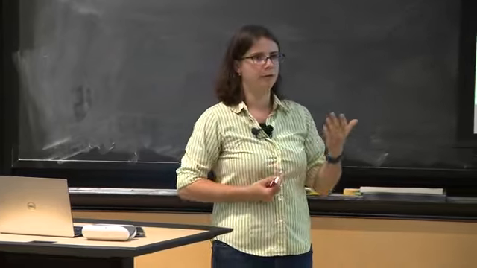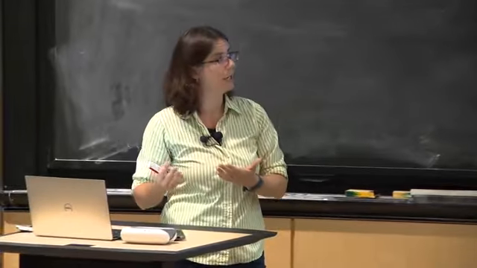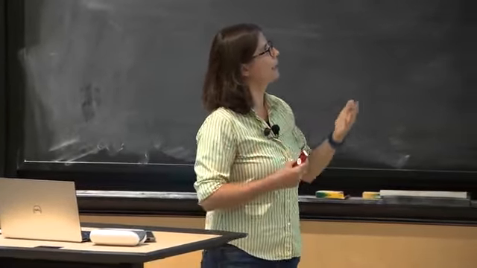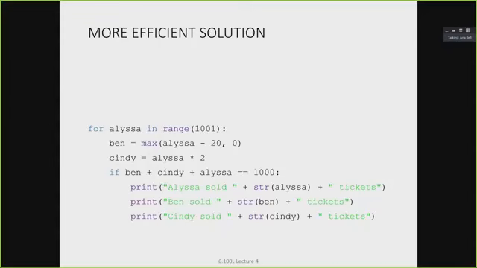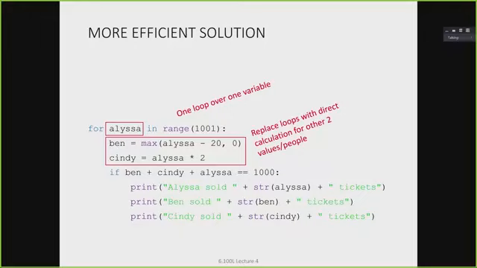But instead, we can use kind of a mix of algebra and computation to solve the problem. We recognize we actually only need to loop through 1 loop, right? I only care about checking Alyssa's number of tickets, being 0 through potentially 1,000 tickets sold. And then I can use my other 2 equations to tell me how many Ben and Cindy sold with respect to Alyssa's loop, right?